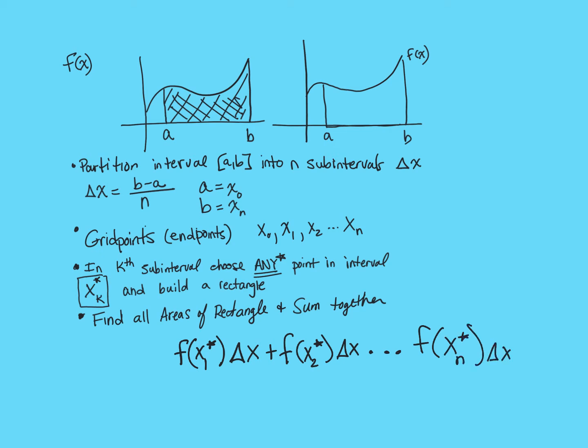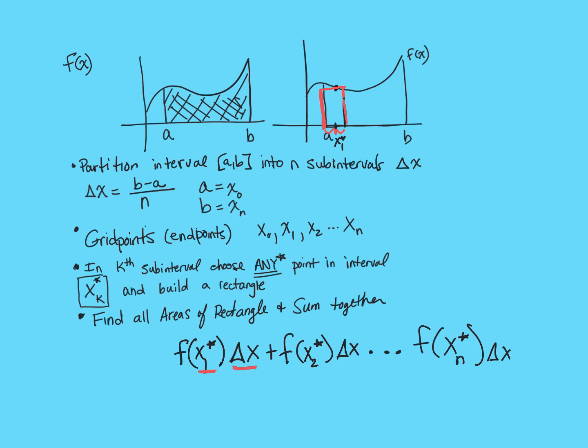So keep in mind, for each one of these, let's say this is our first subinterval, okay? And I choose this point as my x sub 1 star. Then the function value at x sub 1 star is the height of the rectangle, and the width of the rectangle from here to here is the delta x.